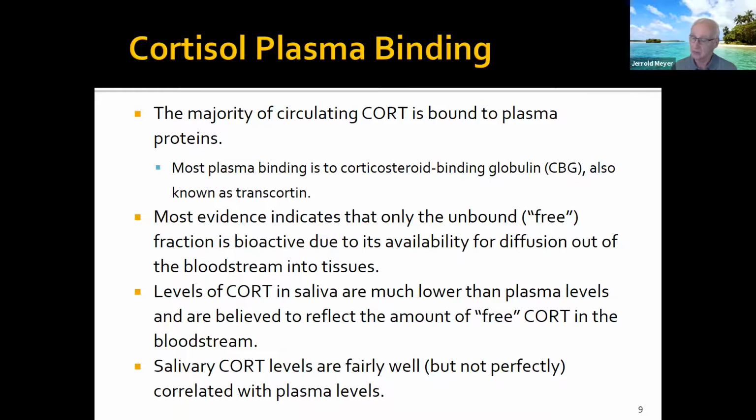It's important to realize that this binding is not irreversible. A given molecule of cortisol can bind to a molecule of CBG, and then at some point it dissociates, it comes off. So you've constantly got a process of binding, dissociation, binding, dissociation. When you look at a mass of cortisol at a moment in time, a percentage is bound and another percentage is unbound, and the majority is bound.